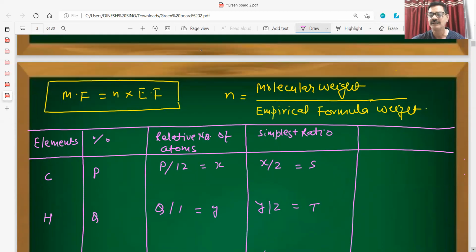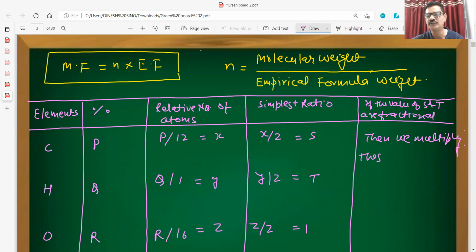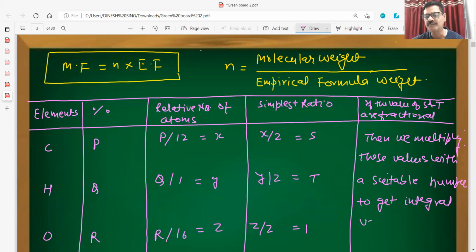If these values are not integral values, and some fractional values are there, so here I am writing, if the values of S and T are fractional, then we have to multiply these values with a suitable number to get integral values.